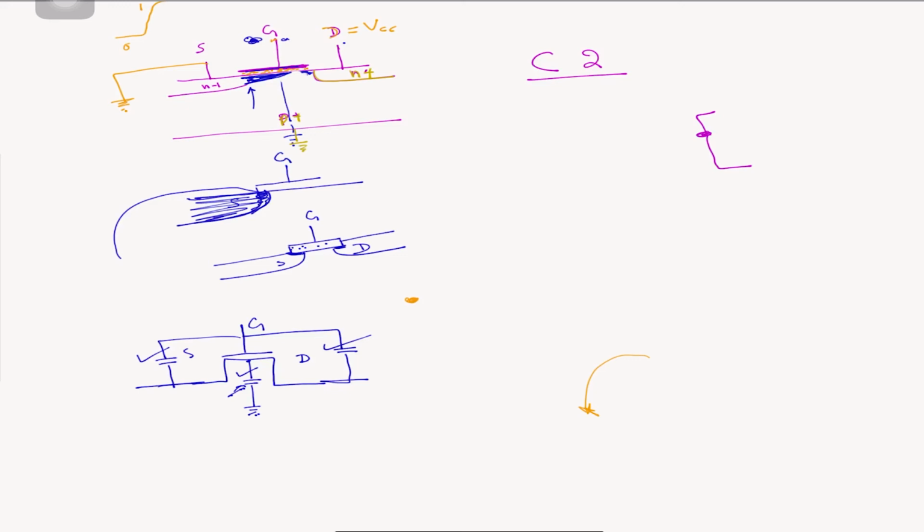So think of that NP. N is our drain connected to a much higher voltage, so we can say this is positive. And our P material is connected to ground. So if you remember, what is an NP? It's a diode, an N and P junction.